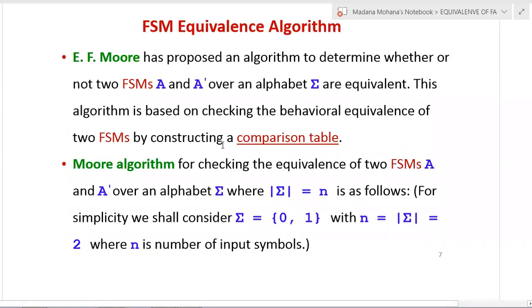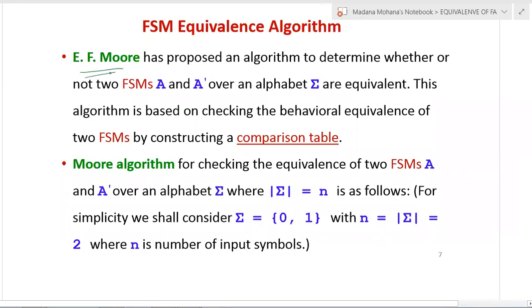Now there is one algorithm to show the equivalence of two finite state machines or two finite automata. That algorithm is called the FSM equivalence algorithm, the finite state machines equivalence algorithm. This algorithm was described by one of the famous scientists, E.F. Moore.